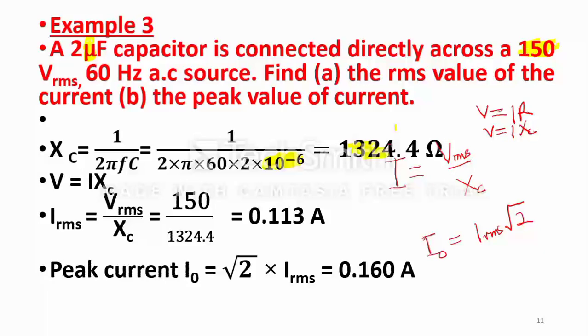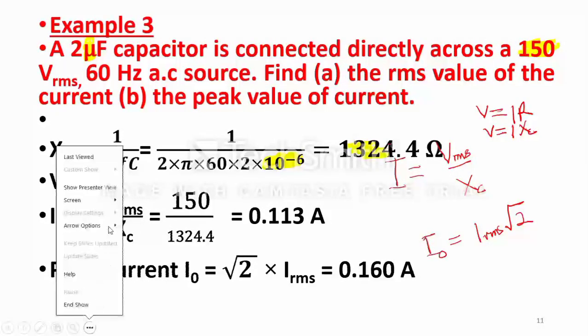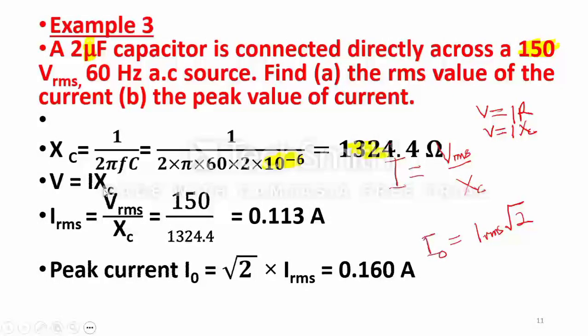Substitute, and then we use this 0.113. Then for the peak current, we apply the expression I have written by the side here. When you substitute the value for the root mean square current that we get here, you get 0.160 ampere.